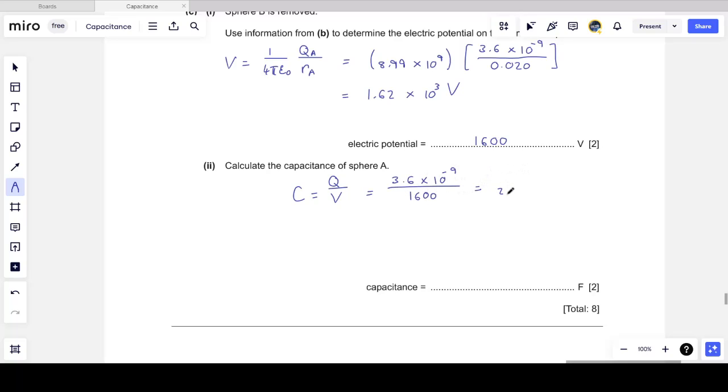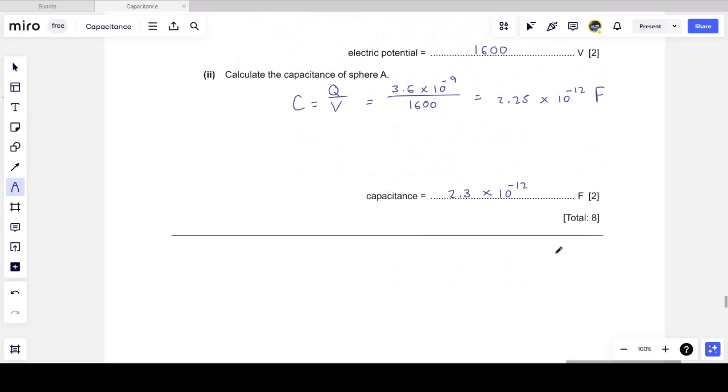And so what we get is a very low capacitance, 2.25 times 10 to the minus 12 farads. And to two significant figures, this is 2.3 times 10 to the minus 12 farads, or 2.3 picofarads.